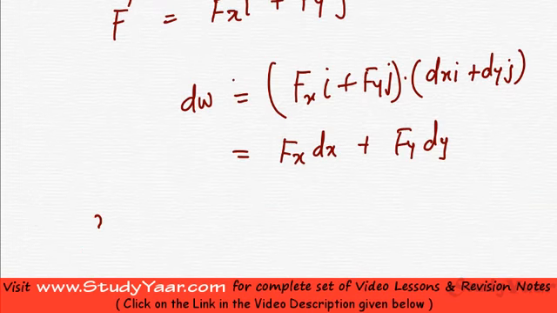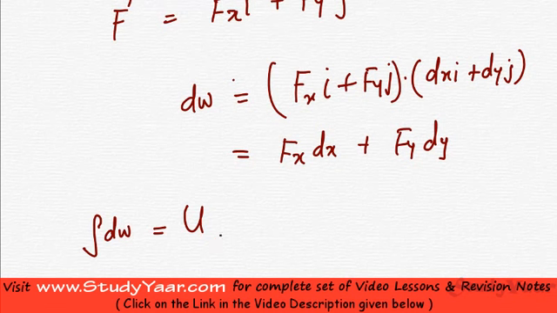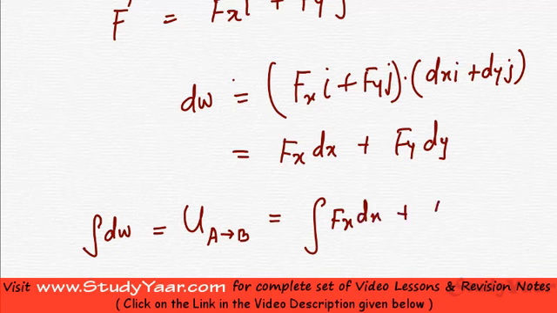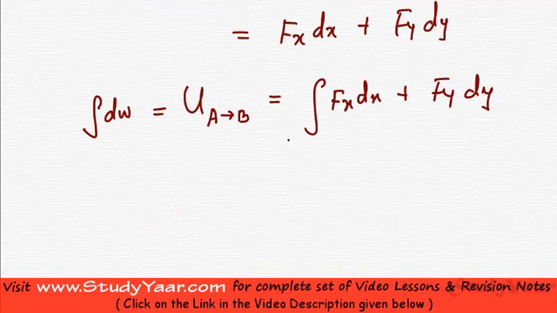So your total work done from point A to B is equal to the integral of Fx dx plus Fy dy. Your limits are from point A to B along the curve.